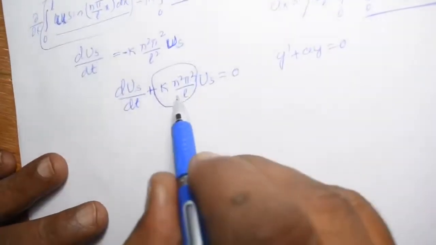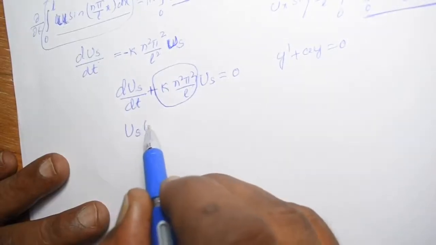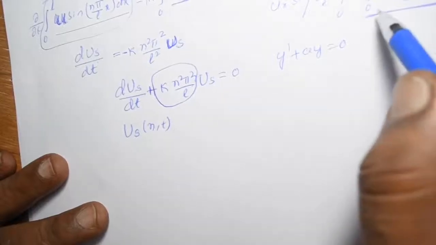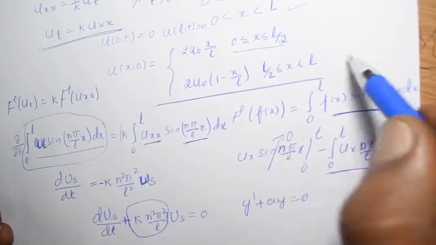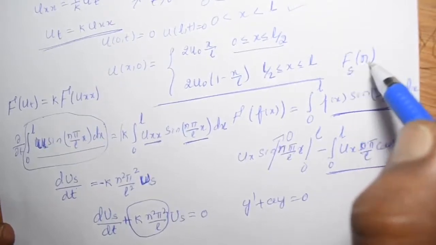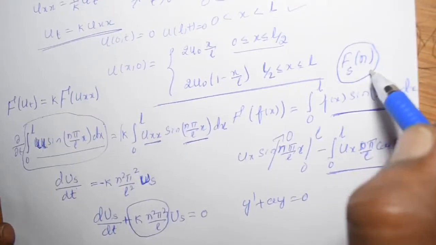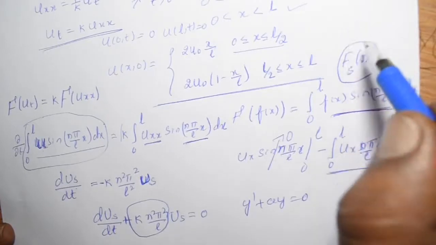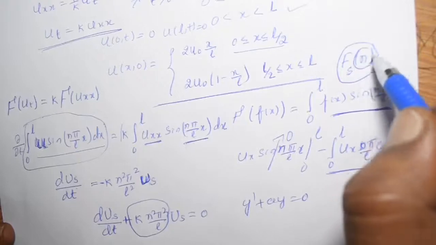Then by finding the solution, you are going to get u_s of n comma t. You know the notation for the finite Fourier transformation: capital F_s of n for the finite Fourier sine transformation. For the Fourier sine transformation there will be alpha, but for the finite transformation there will be n.